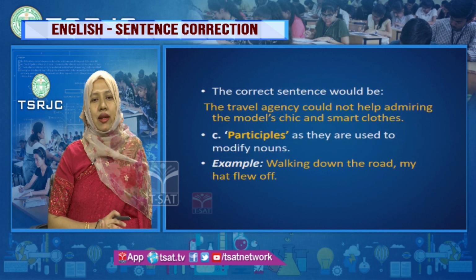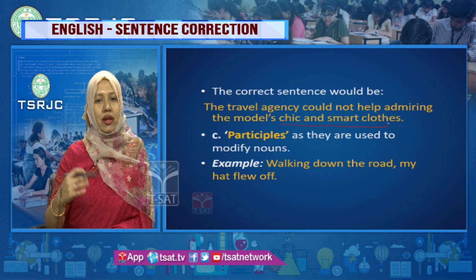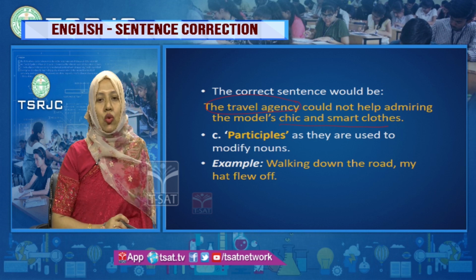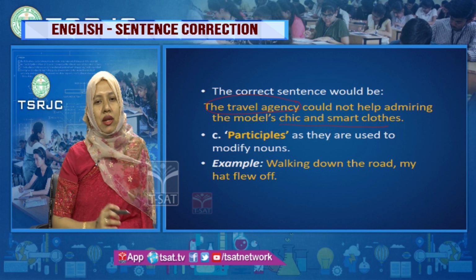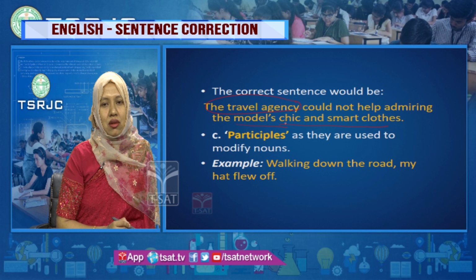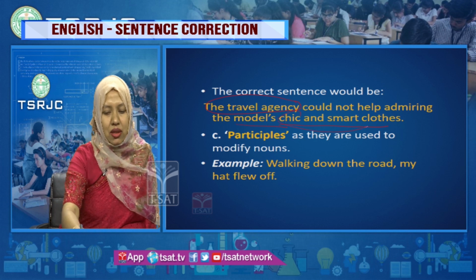So, the correct sentence would be the travel agency could not help admiring the model's chic and smart clothes. So, here the chic and smart clothes should come a little later. If you start the sentence with the subject, the travel agency could not help admiring model's chic and smart clothes. So, here models, we are talking about chic and smart clothes.